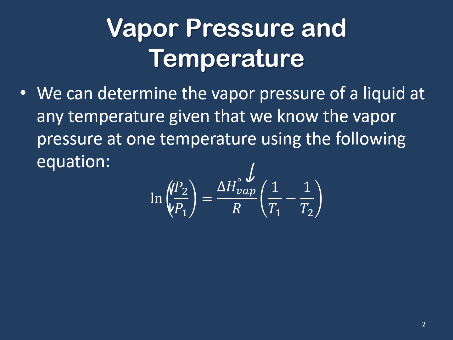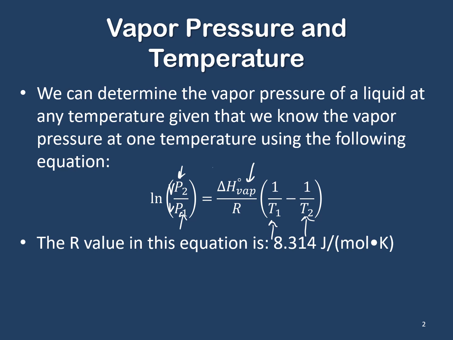Really, we can calculate any one value in this equation other than R if we know all the other values. The R value in this equation is different from what we're used to. It's 8.314, and the difference is really just a unit difference. Like the 0.08206 R value, that has different units, and that's why they're different values. But we have to use these units for this equation, so we have to use this numeric value.